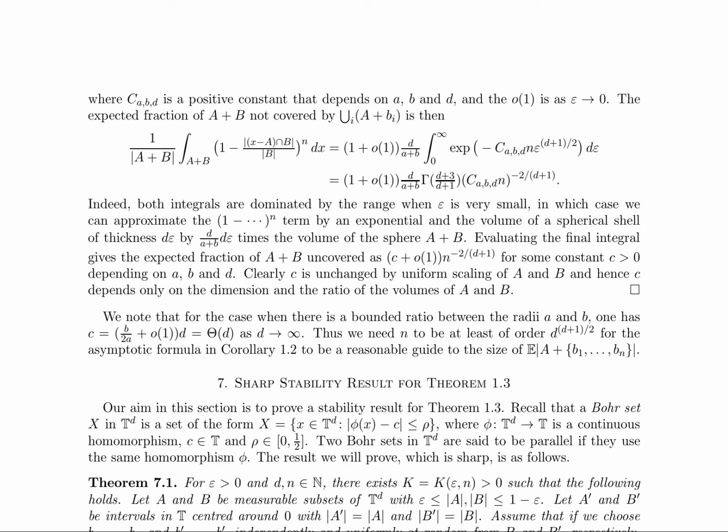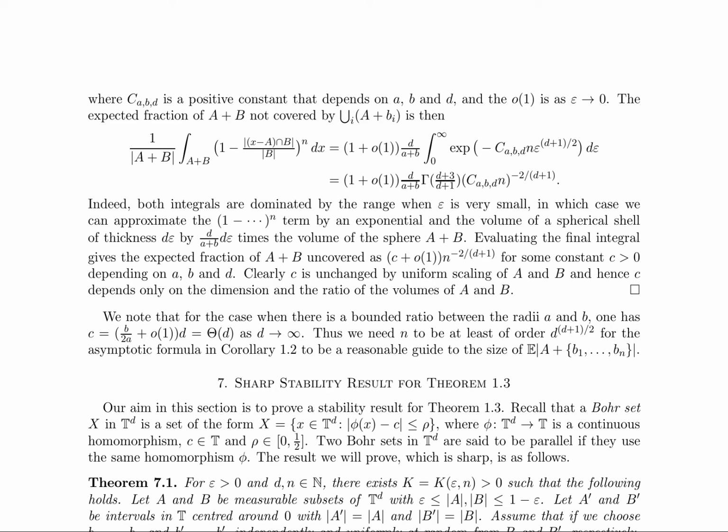The expected fraction of A plus B not covered by the union of A and B is derived using the constant C(A, B, d) involving an integral. This expression is dominated by the range when epsilon is very small, allowing for an approximation by an exponential. The expected fraction is then shown to be 1 plus C over d, for A plus B, for some constant C depending on A, B, and D. This constant C remains unchanged by uniform scaling of A and B.